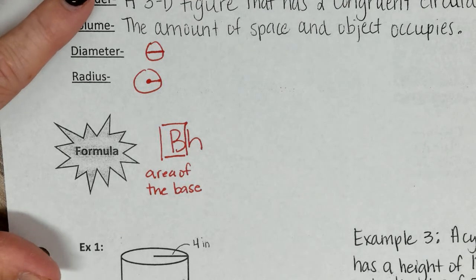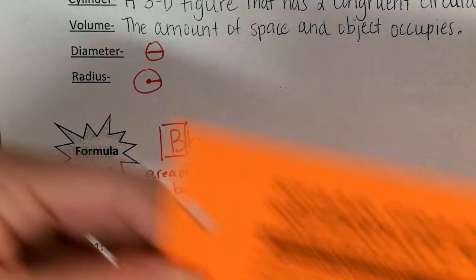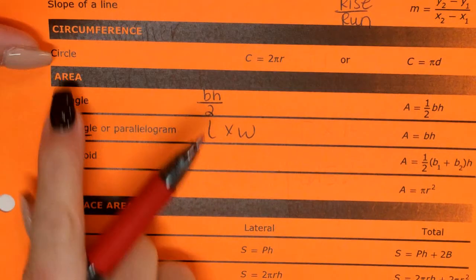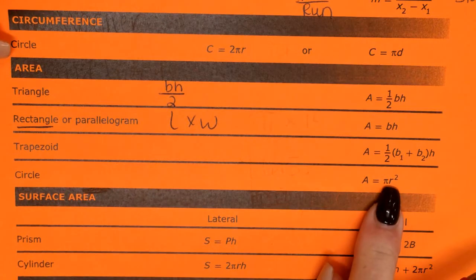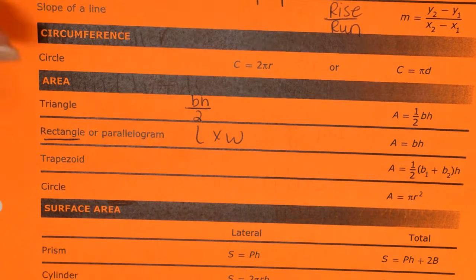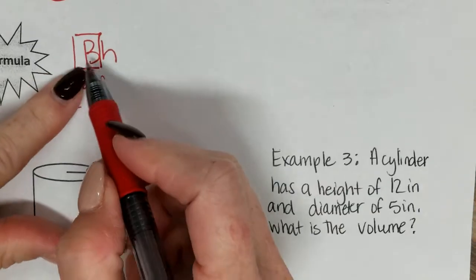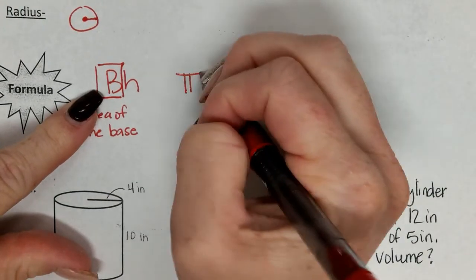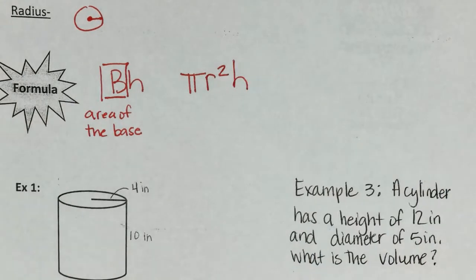Well, what kind of base did we say these have? Circles. So what is the formula for area of a circle? Pi r squared. So instead of writing big BH, we're going to replace this big B with pi r squared, and then we're going to multiply it times the h.